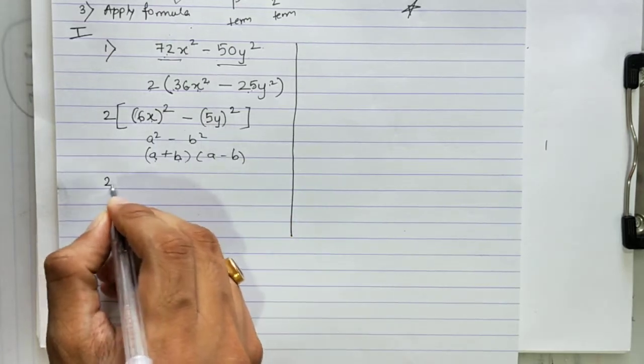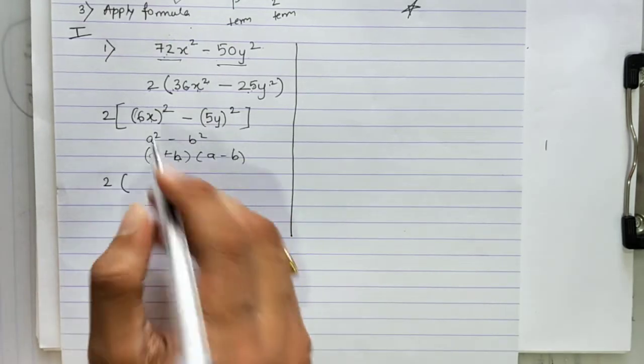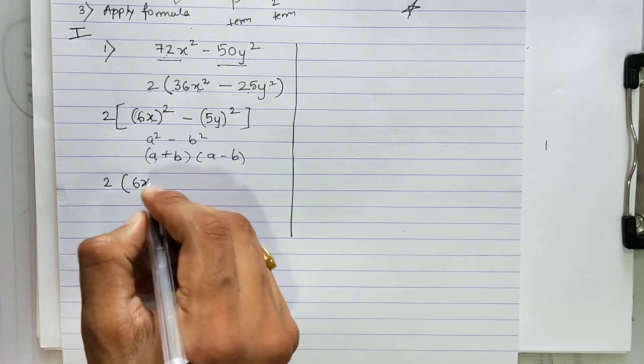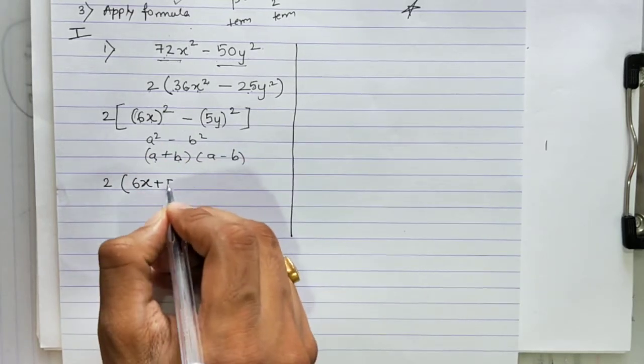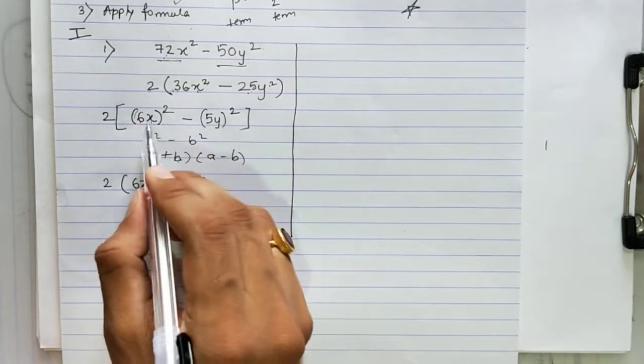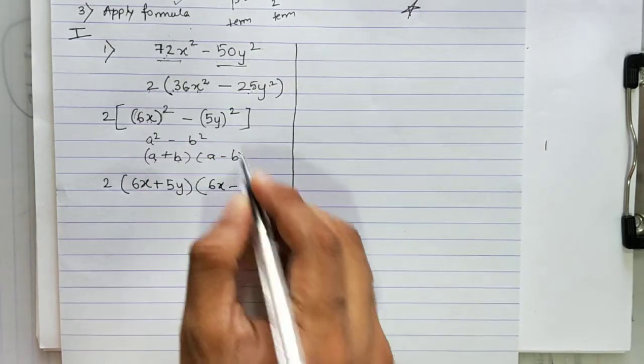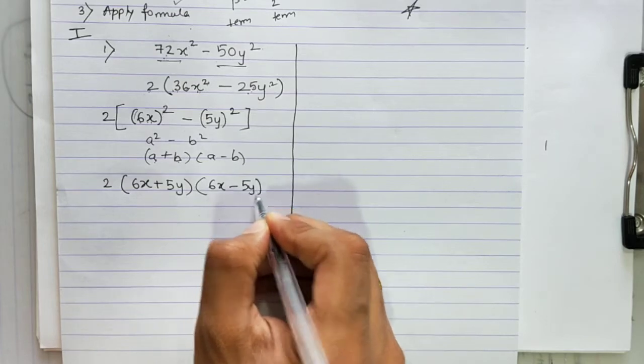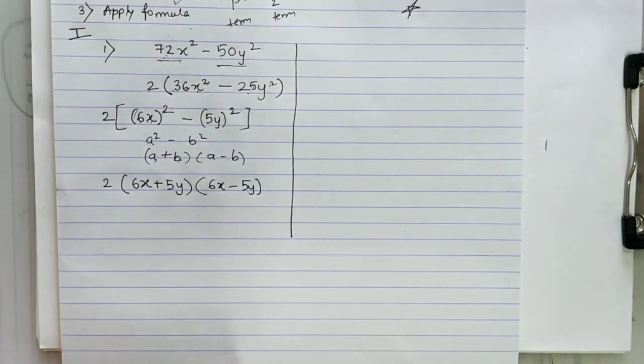So I'll keep this 2 as it is. First term 6x plus second term 5y. Then first term 6x minus second term 5y. This is my answer.